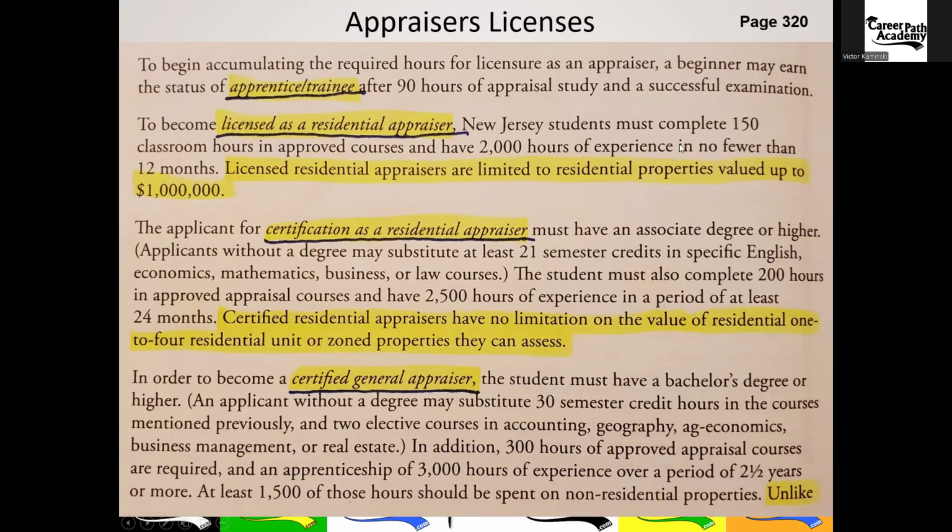New Jersey students must complete a 150-hour additional class and have 2,000 hours of experience in no fewer than 12 months as an apprentice trainee to become a licensed residential appraiser. Now, licensed residential appraisers are limited to only appraising residential properties under $1 million.